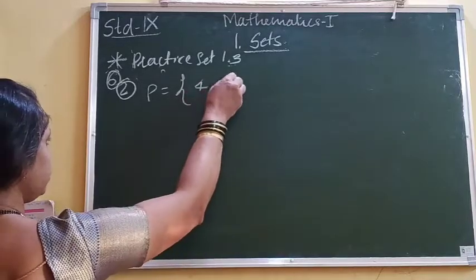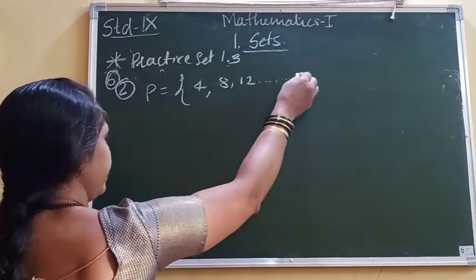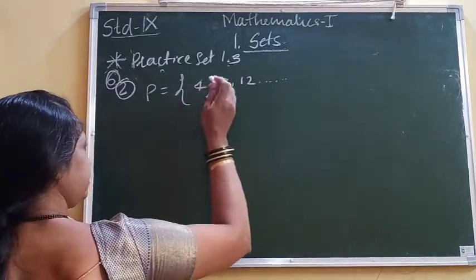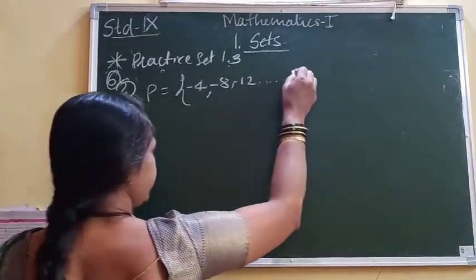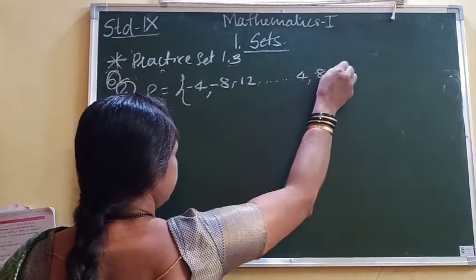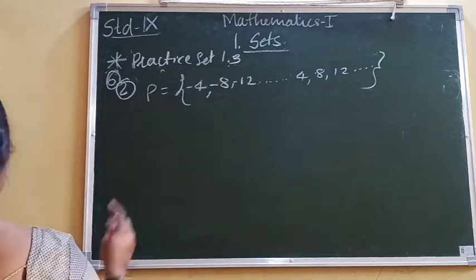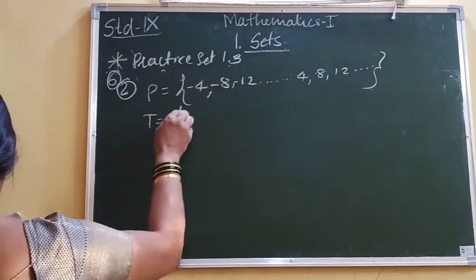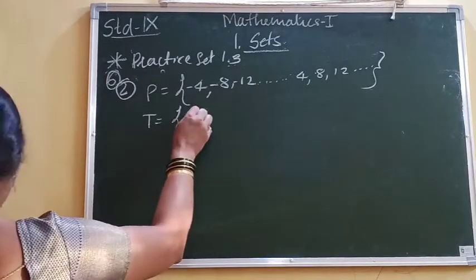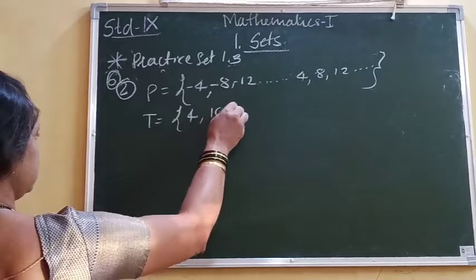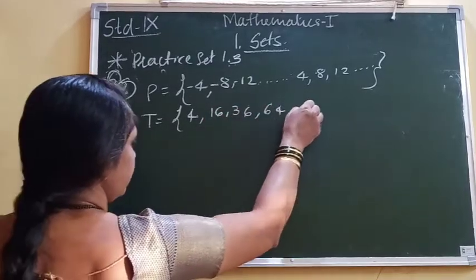Multiples of 4 means 4, 8, 12, and so on. And here you can also write minus 4, minus 8, minus 12, and so on. Then 4, 8, 12, and so on. Okay, multiples among integers. Then T is what? Set of all even squares. All even squares means 4, 16, 36, 64 and so on.